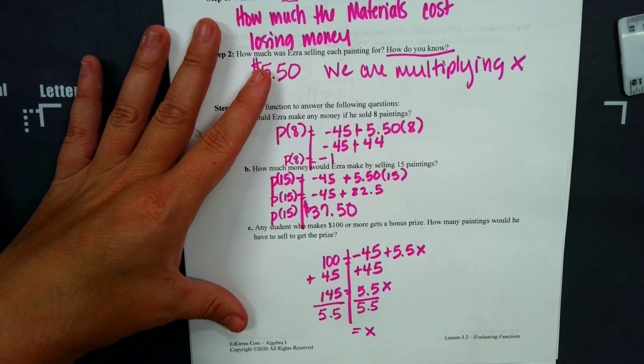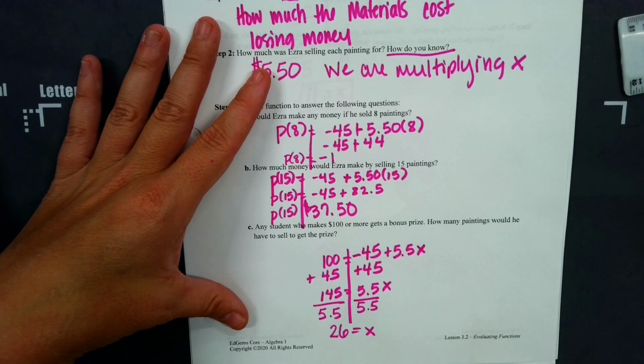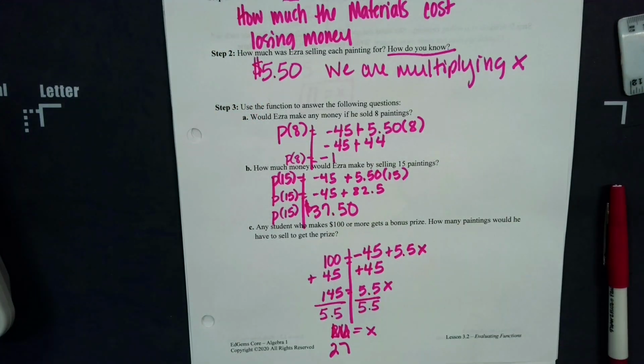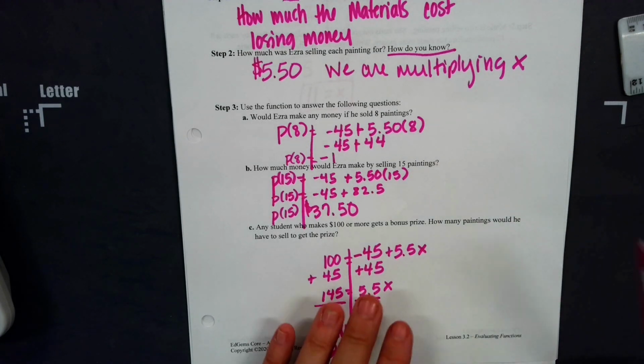So how many does he have to sell in order to make a $100 profit? 26.36. He can't sell 0.36, so he'd have to sell 27. Because if he sells 26, is he going to make it? No. He's got to sell 27. Just short of it.